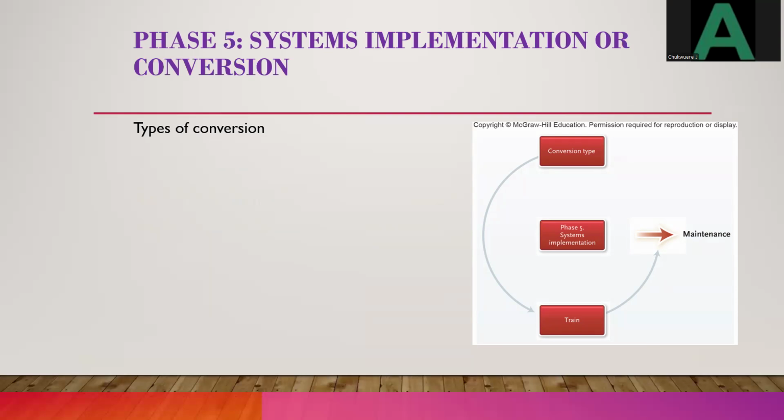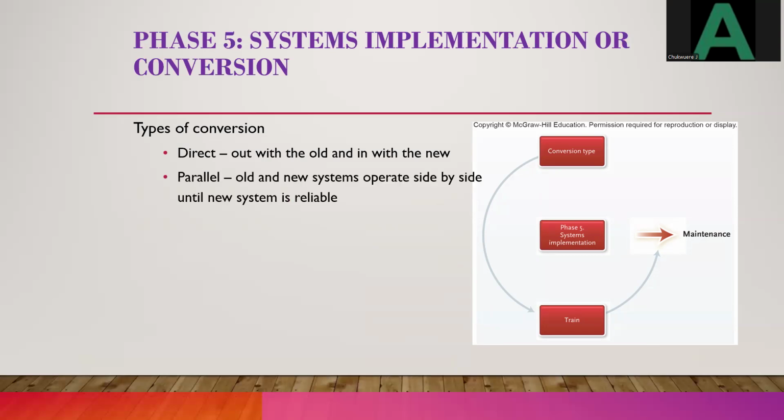Now, the fifth phase deals with system implementation or conversion. Now, these have different types. Remember, we have said we're going to buy a new system. Now, how do we deploy this system into the existing system? These are the thought processes that should take place.